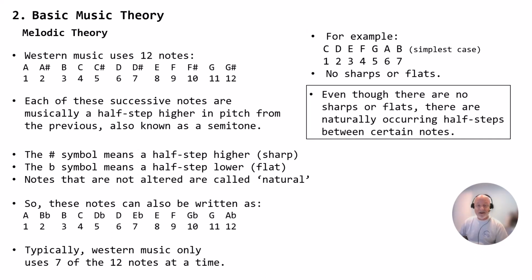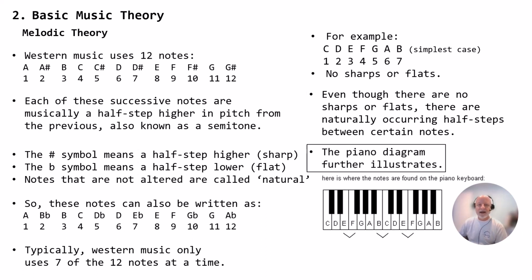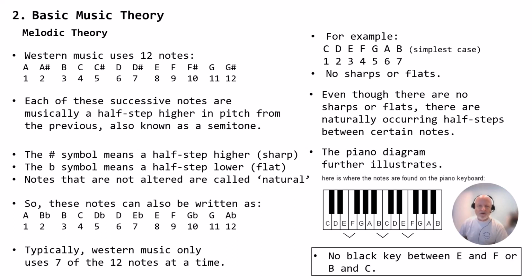But even though there are no sharps or flats, there are still places where naturally occurring half steps occur. And I just showed those to you between B and C and E and F. And here's a little diagram of a piano keyboard, and you can see there's no black key between E and F and B and C.